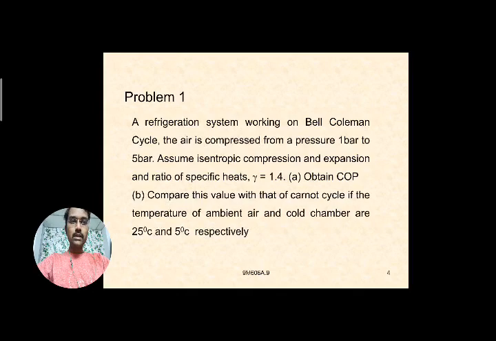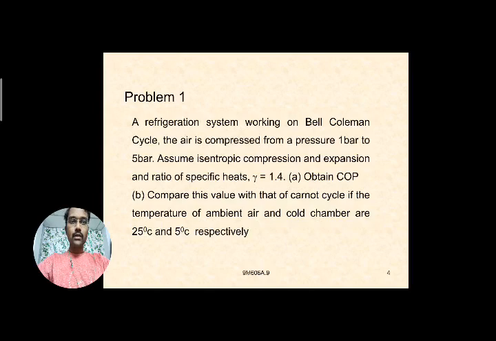Here we are asked to obtain the COP, the coefficient of performance, and second, compare this value with that of the Carnot cycle if the temperatures of the ambient air and the cold chamber are 25 degrees centigrade and 5 degrees centigrade respectively.